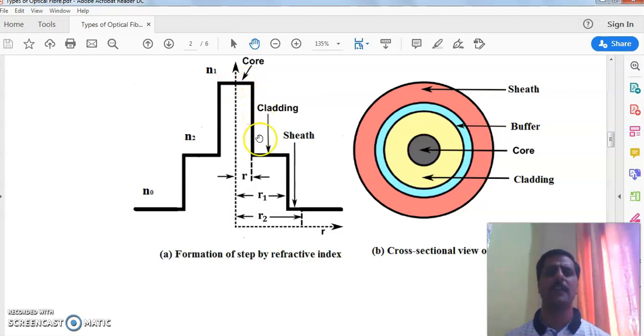So that's why, due to this variation in the refractive index, this is known as a step index optical fiber.